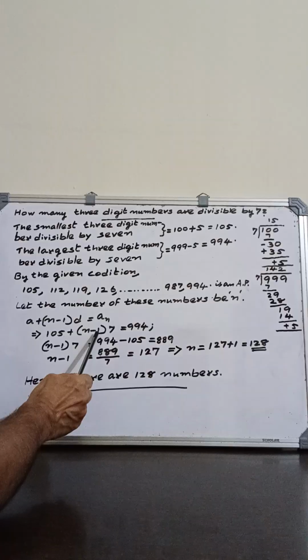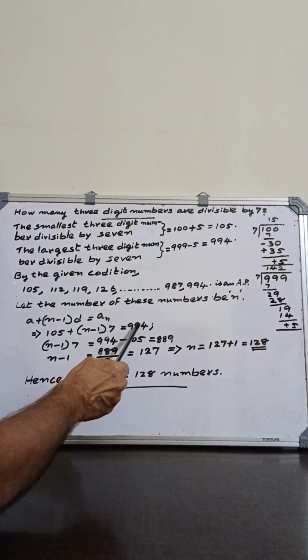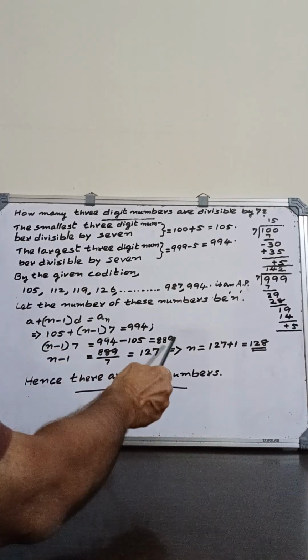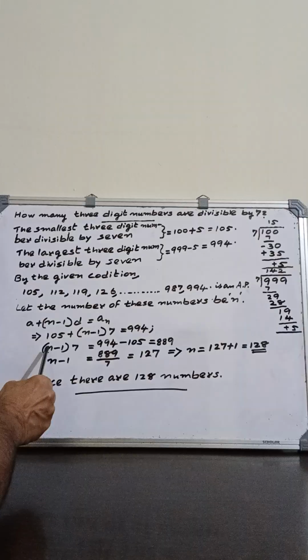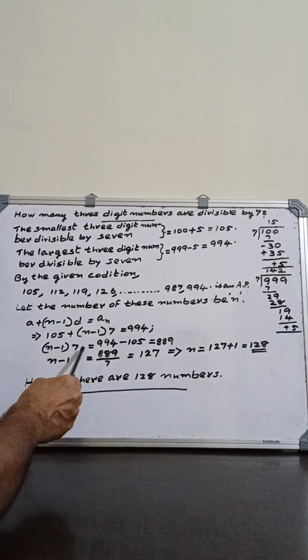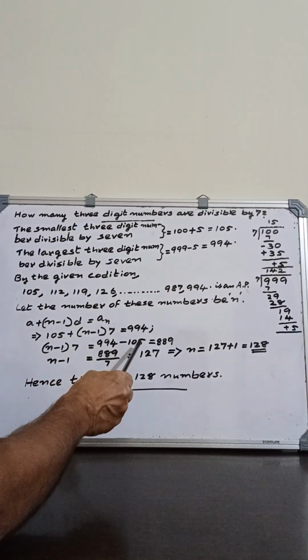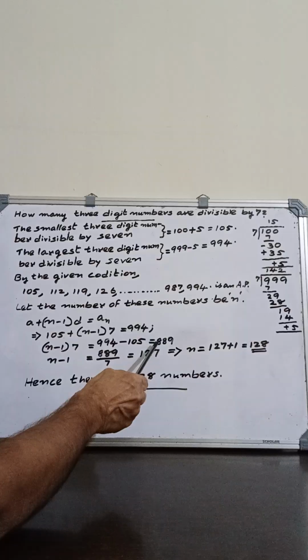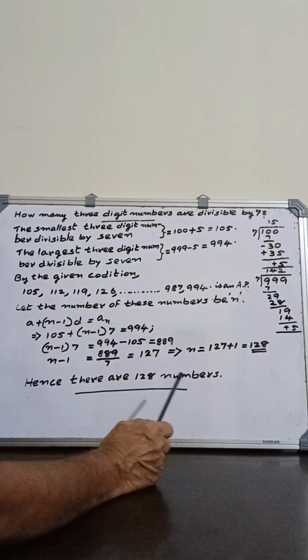Therefore, n minus 1 into 7 equals 994 minus 105, that is 889.